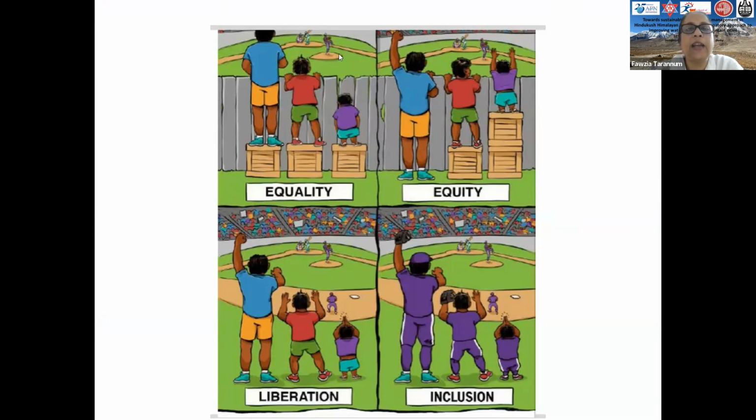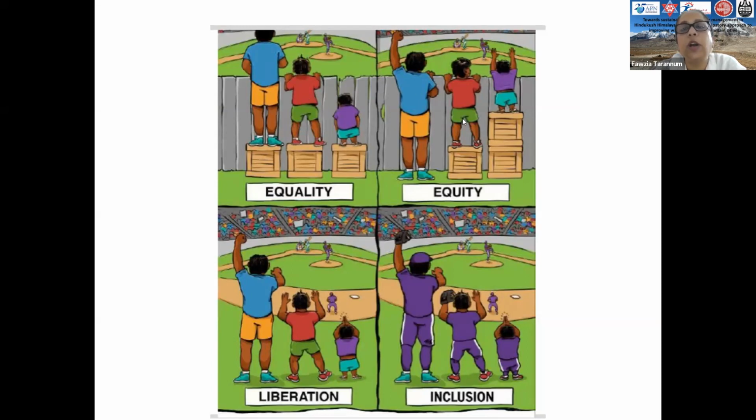So this is a cricket match happening here, and there is equal treatment. But is this equal treatment equitable? It's equal, but it's not equitable, because this guy is, of course, at an advantage, but the others are barely able to reach, and this guy cannot see at all. So he's just trying to make the best of these little cracks there.